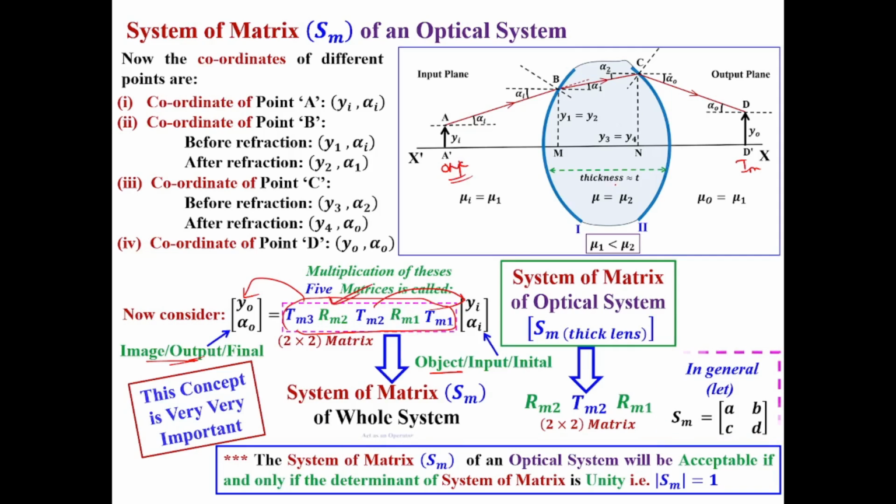But if we consider particularly a thick lens, this is the first refraction, this is the translation, and this is the second refraction. To find the system matrix of this thick lens, we have to multiply these matrices in this order: first refraction 2 matrix, then translation, then refraction 1 matrix.